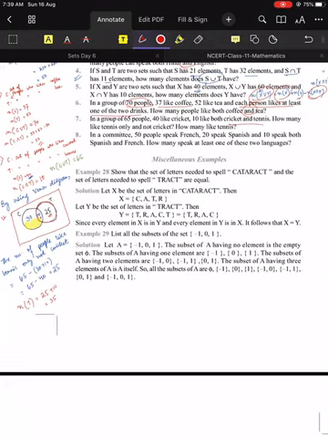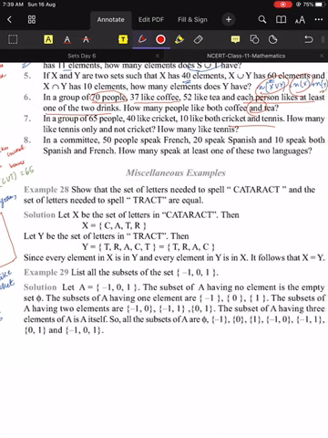Now question number 8. In a committee, 50 people speak French, 20 people speak Spanish, and 10 people speak both Spanish and French. How many speak at least one of these two languages? I want you guys to do this question.